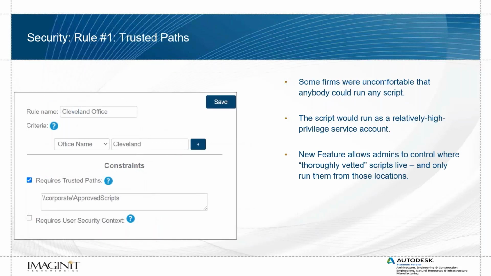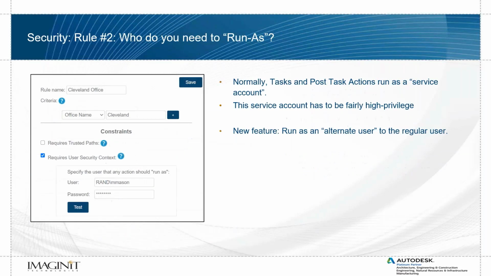And then we also have the ability to change who is actually executing the task, whether that's an inside of Revit task or even on a Windows task side of things. You can specify that rather than whoever my regular task server is running as, I want to change in this case, and I want to run as an alternate user.